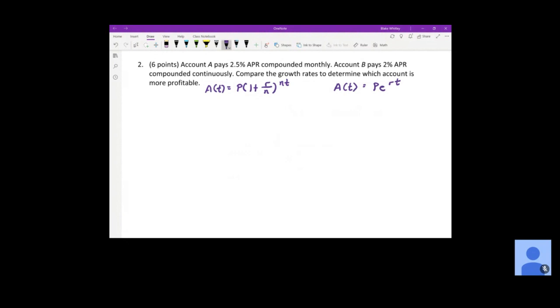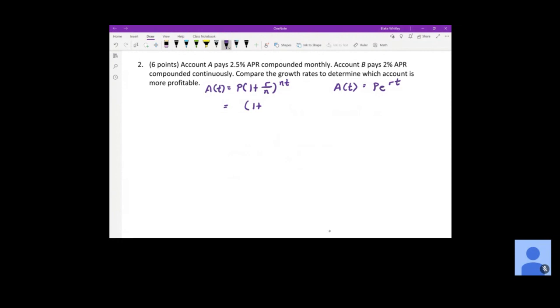All right, so let's look at the first situation and think about what's given. So we said we know our interest rate. So that's going to be 1 plus. All right, so what's the r going to be for that account? Okay, good.